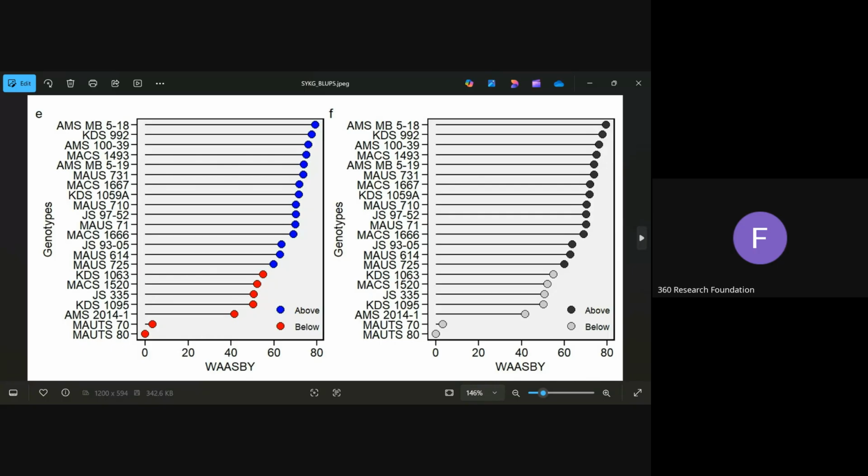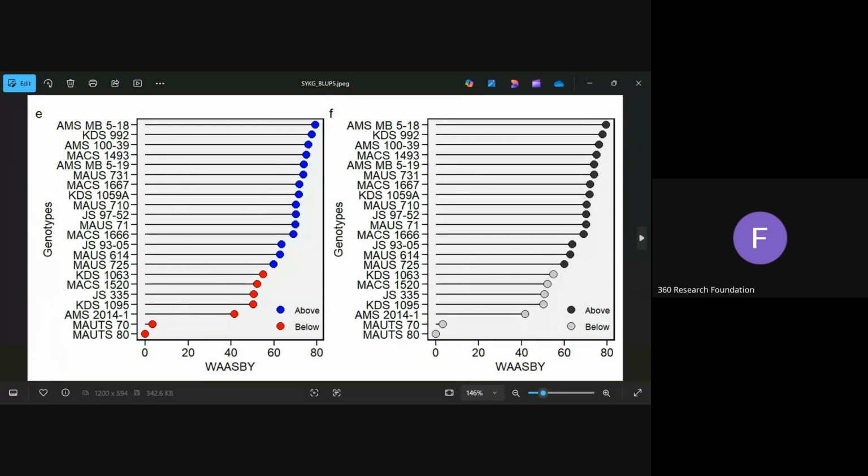So here, as I already told you, the length of the error bar, so there are some genotypes having a wider bar, some genotypes having a lower bar.